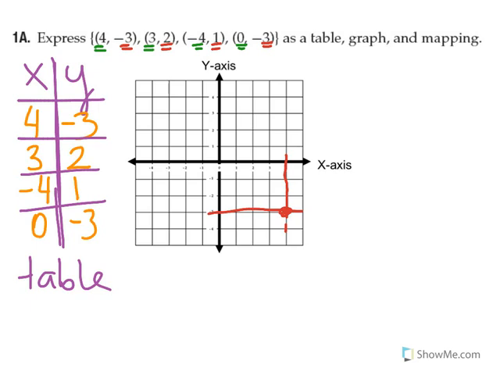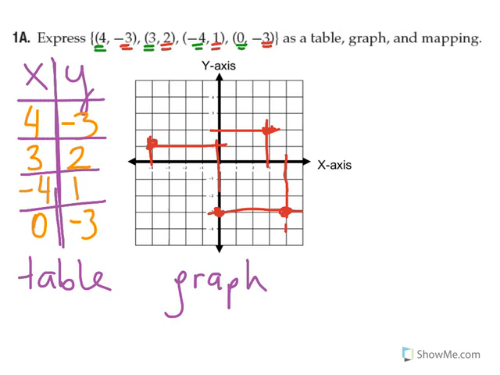I have 3 to 2, this is the intersection, and I have minus 4 to 1, so this is the intersection here, and I have 0 to minus 3, so it will be here. So this is how we represent a relation by the graphing method, or by drawing a graph.